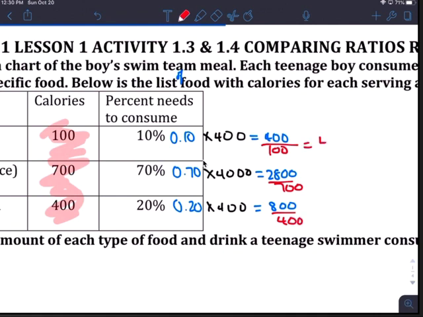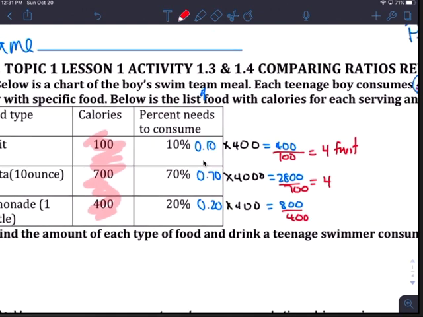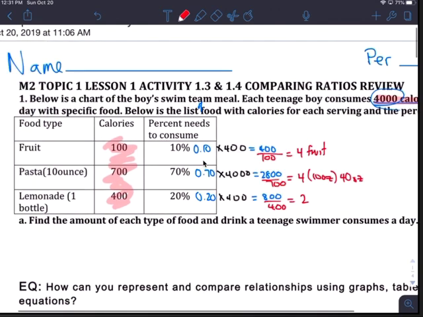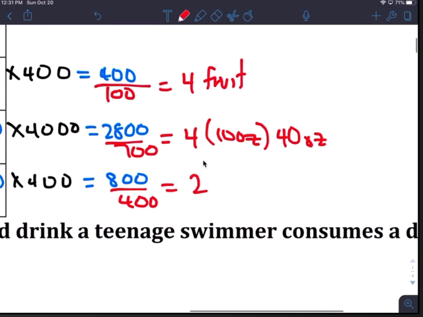That leaves you 4 fruit, 4 servings of pasta, which is 10 ounces each, which makes you need 40 ounces of pasta, and 2 bottles of lemonade.